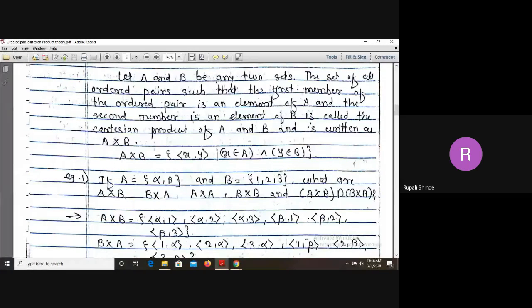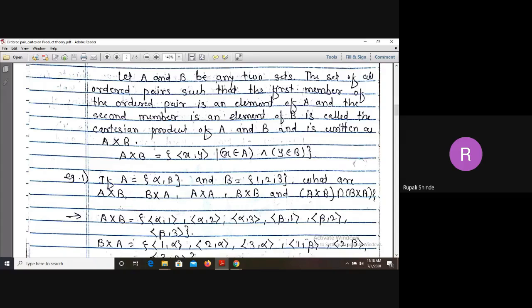Now here we have to find out all such pairs whose first element is from set A and second element from set B. And this is related with only alpha. Now again we have to find out all such ordered pairs related to beta. So again we can write beta comma 1, beta comma 2 and beta comma 3.